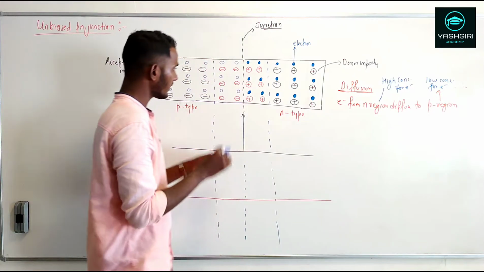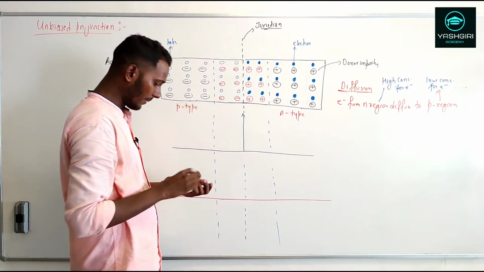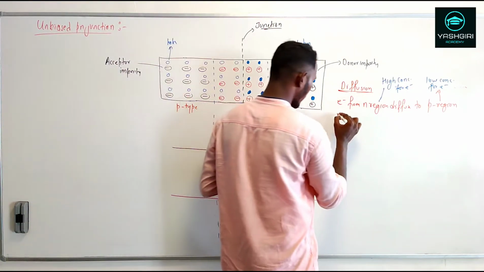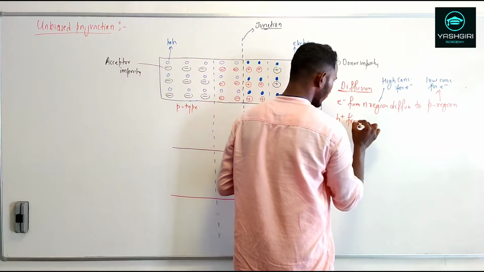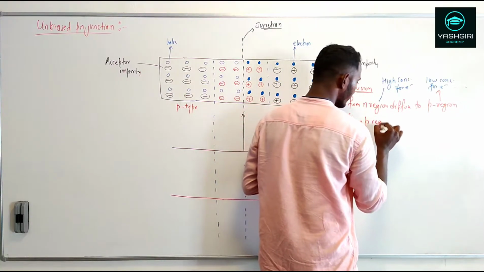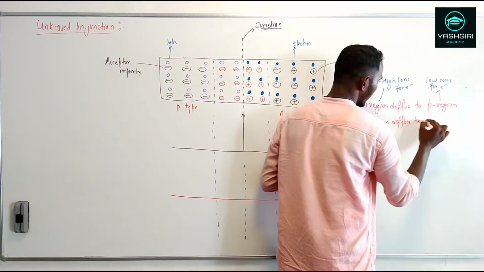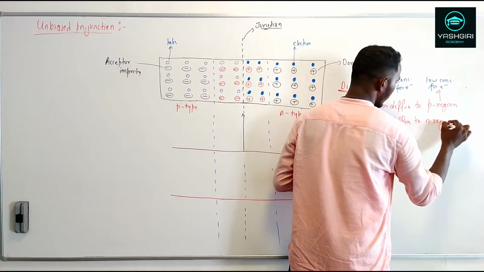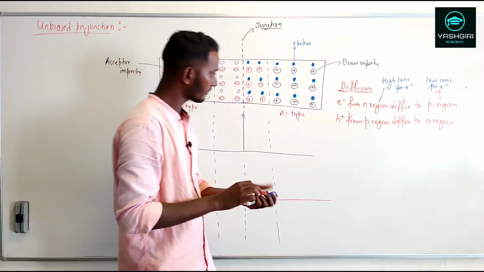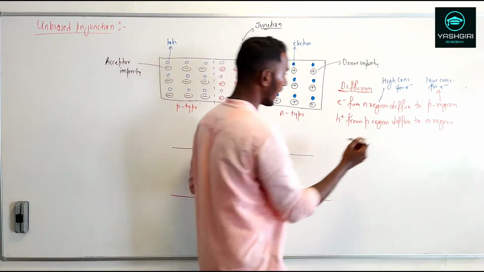Now the same thing is applicable again for the p-type. So in this case, holes from the p region will diffuse to the n region. Now for the holes, the p region is the region of higher concentration.